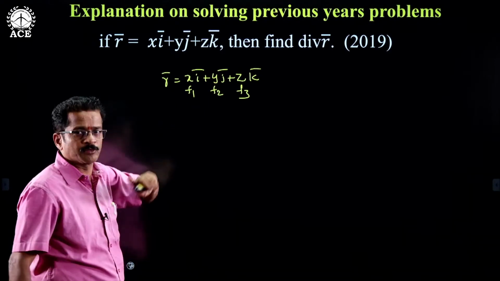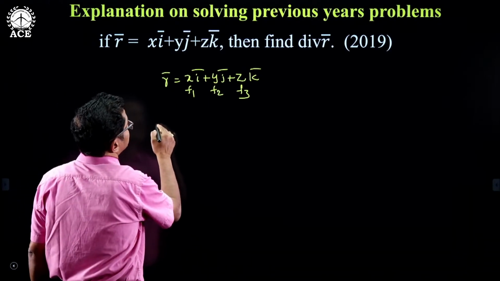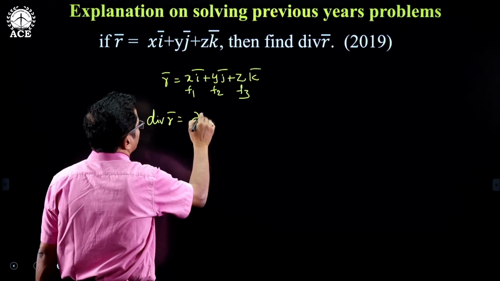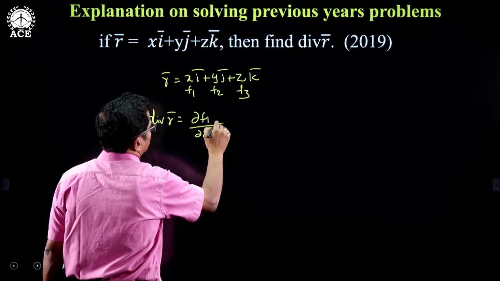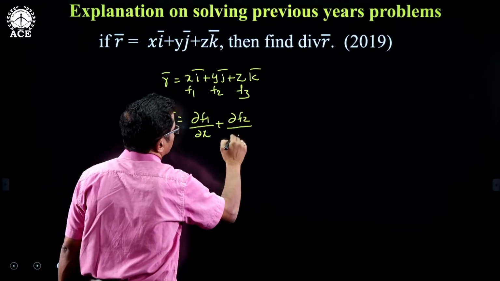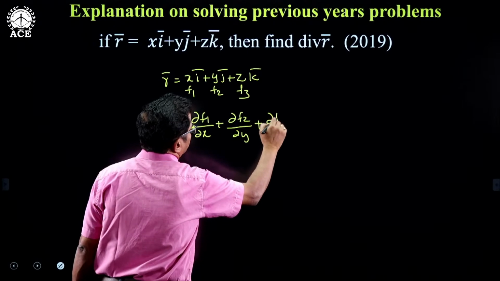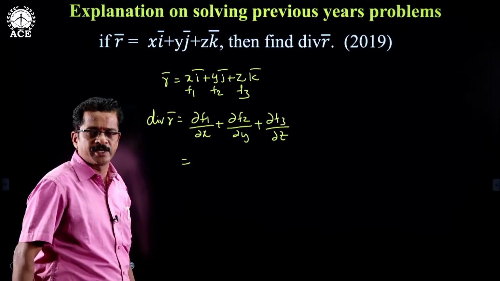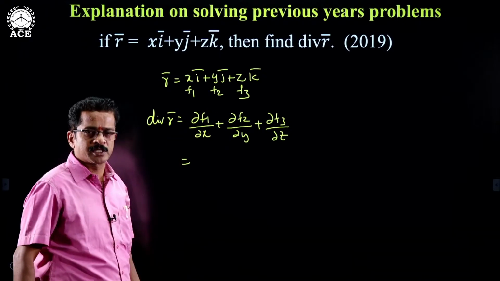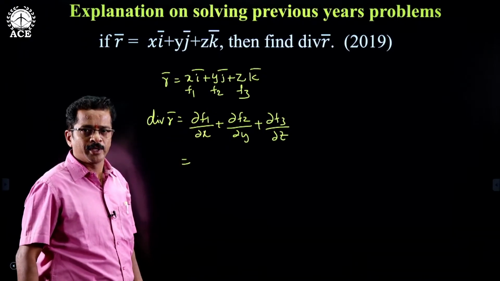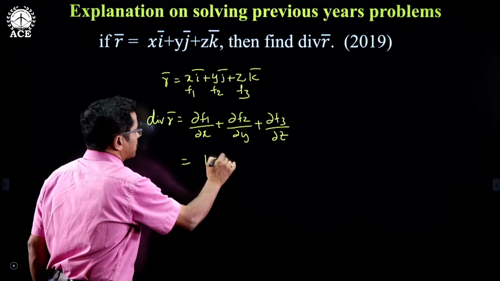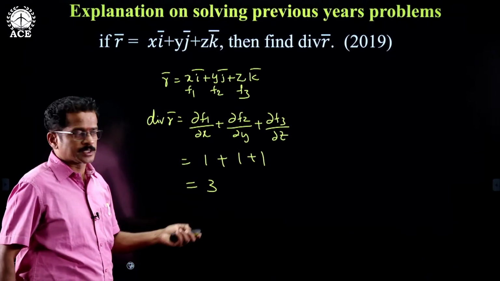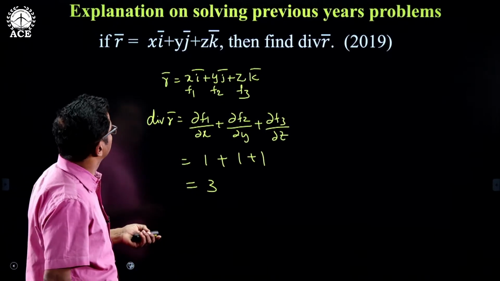So the divergence of R bar equals ∂F1/∂x plus ∂F2/∂y plus ∂F3/∂z, where F1, F2, F3 are x, y and z. Therefore the differentiations are each 1 and the sum is 3. 1 plus 1 plus 1 is 3. This is a very short answer style, but asked frequently.